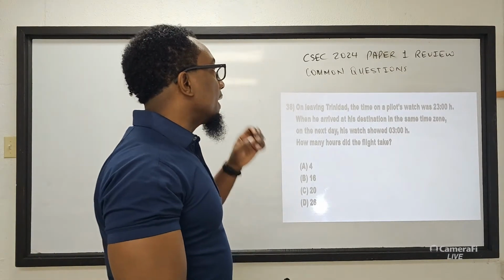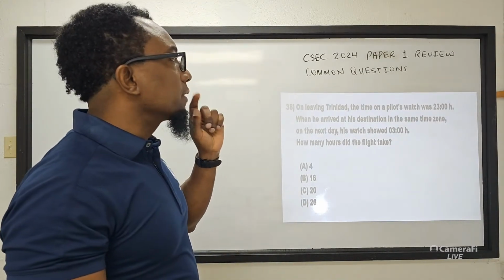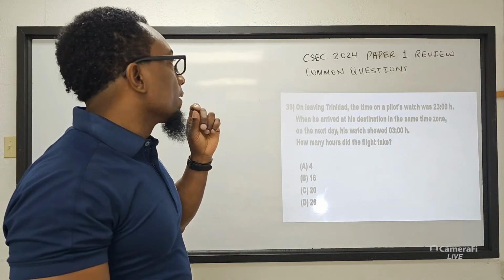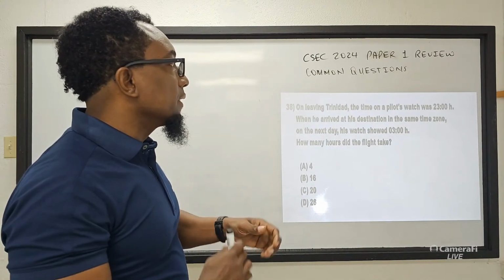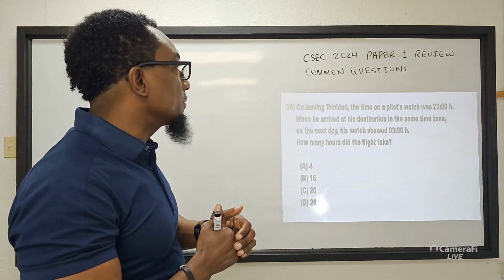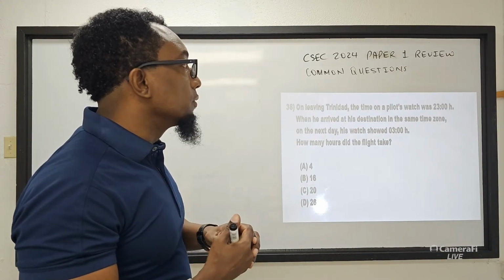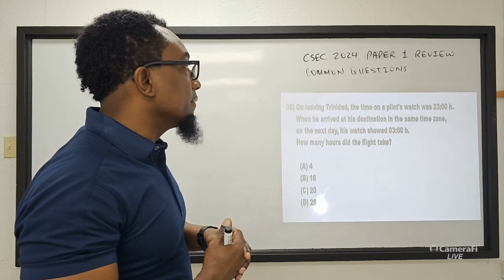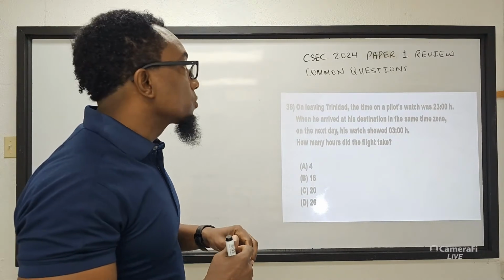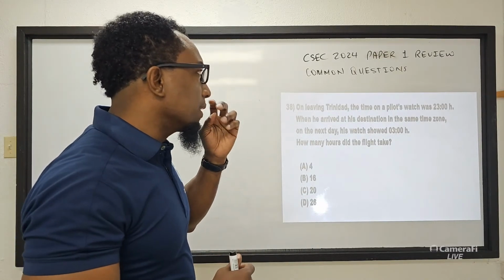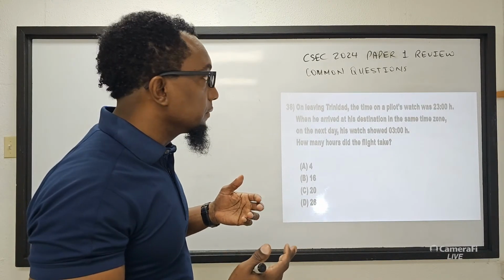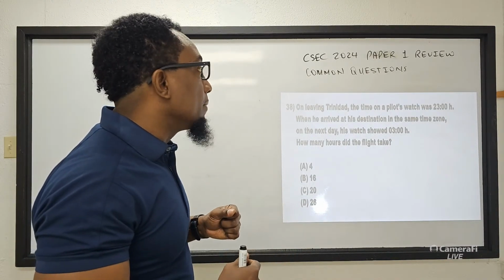On a flight in Trinidad, the time on a pilot's watch is 2300 hours. When he arrives at his destination, in the same time zone on the next day, his watch showed 300 hours. How many hours did the flight take? The time here is 24 hour time.